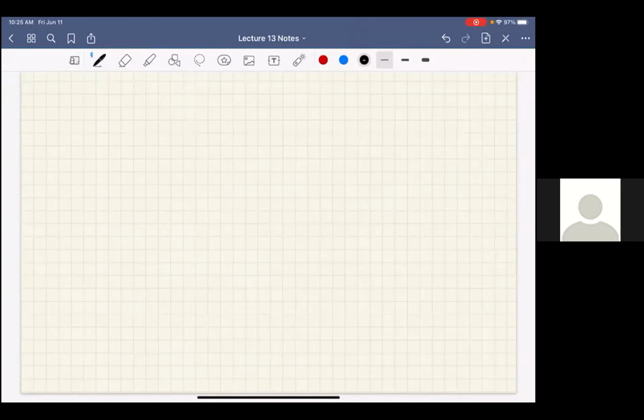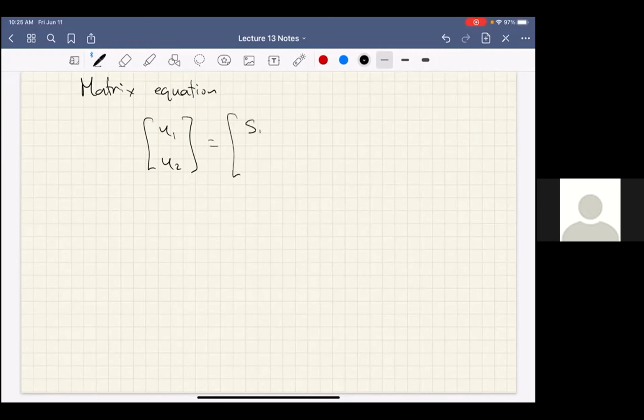So we end up with the matrix equation y1, y2. I'm going to eliminate the dependence on k, just make that implicit. This will be S11, S12. Sorry, correction. Let me just make sure I'm getting this right.